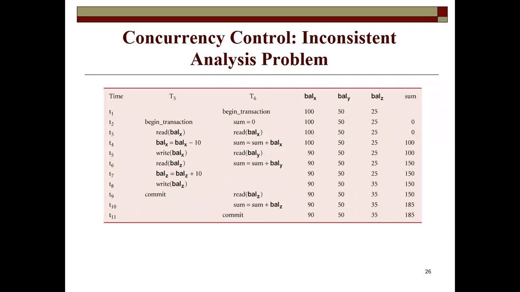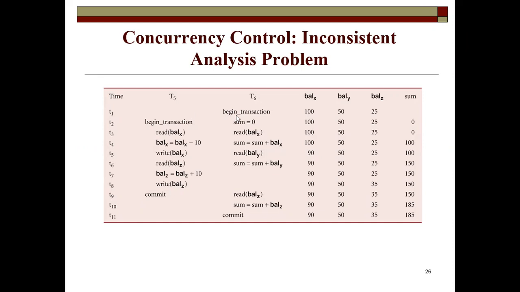So here we have 7 columns, the first being time, the second being transaction 5, T5, then transaction T6, and then we keep record of what is in each of the accounts, X, Y, and Z respectively, and finally, what is in the variable sum, that's holding the value of what T6 is seeking to do.